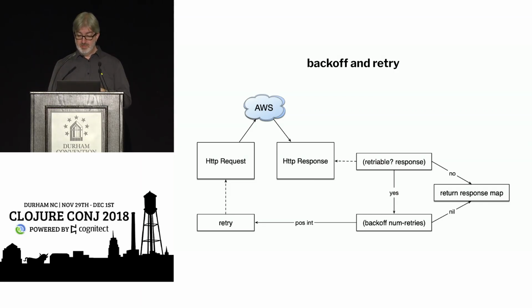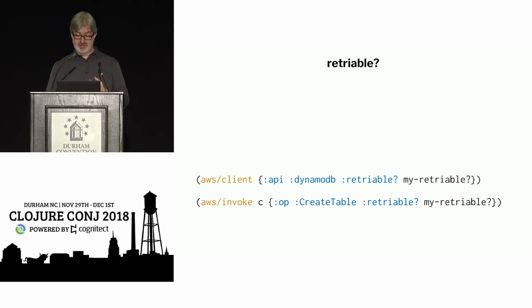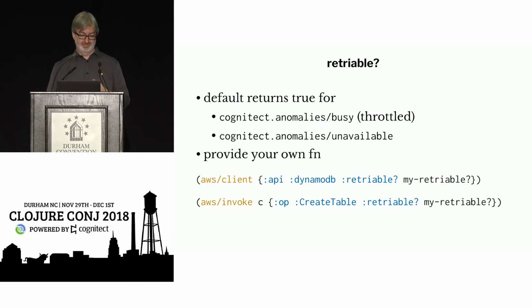The default implementation of this returns true if we get back the anomaly category busy, which means you're being throttled, or if it's unavailable. This is the retryable predicate.